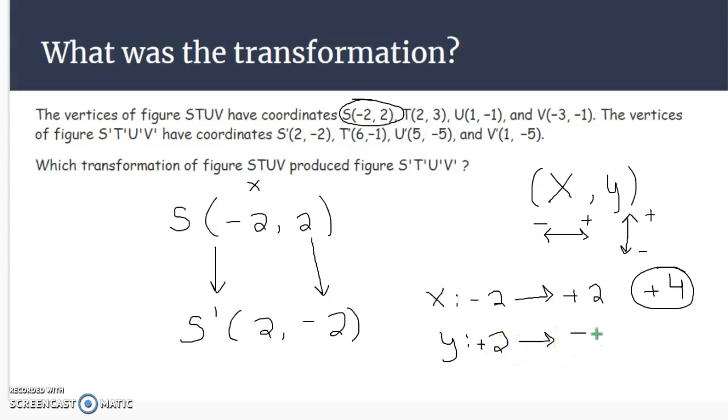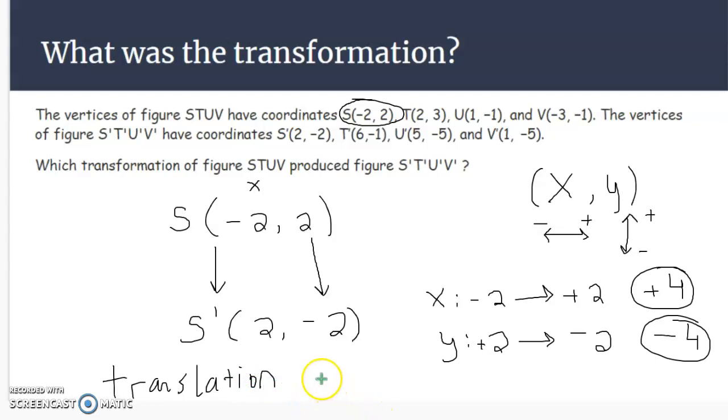If I'm on the y-axis and I go from +2 to -2, I went a distance of 4 downward. I went in a downward direction. That means I went -4, down 4 units. So to describe this transformation, it was what we call a translation, and the direction it translated was 4 units to the right and 4 units down.